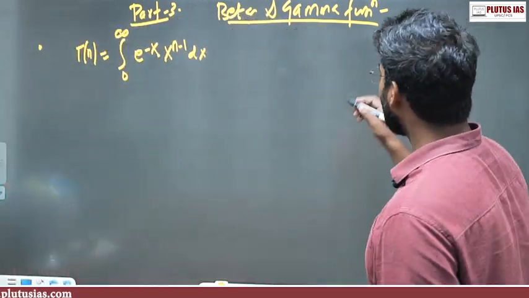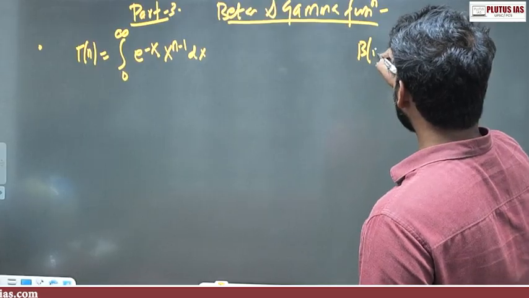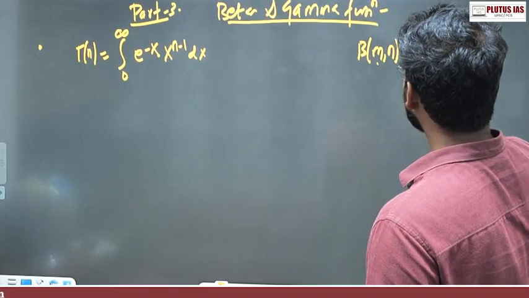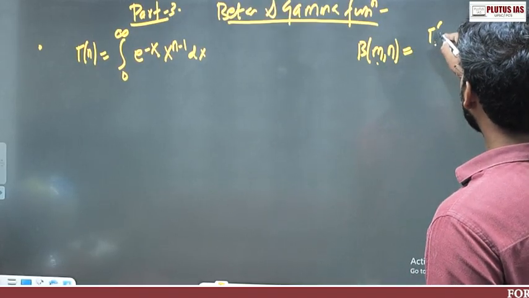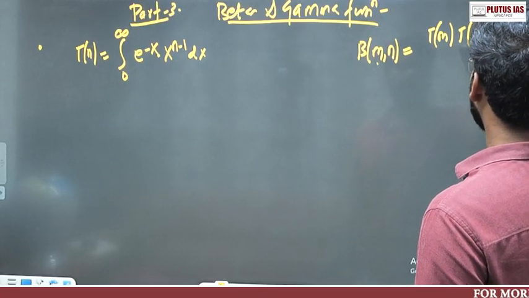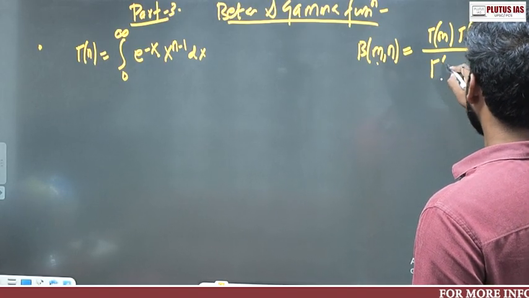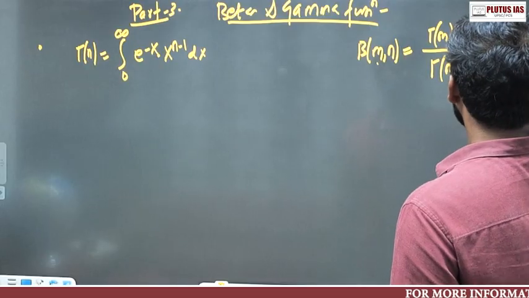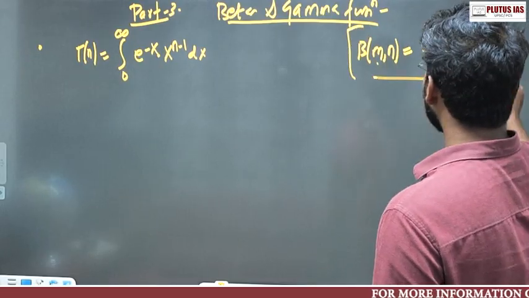What we have to prove is this: beta m n is gamma m gamma n over gamma m plus n. So this is the identity we need to prove.